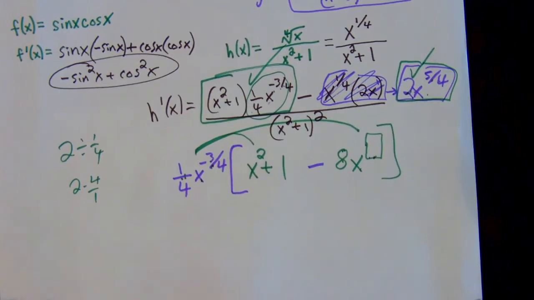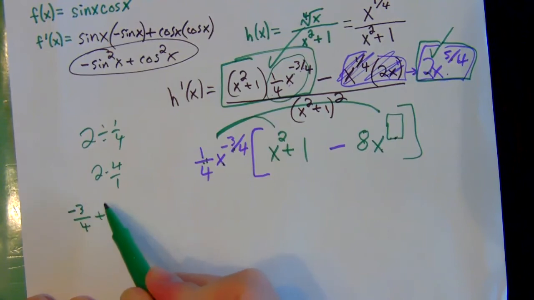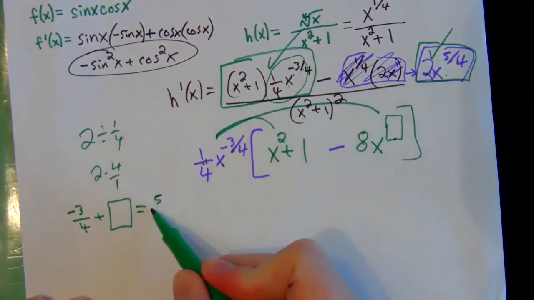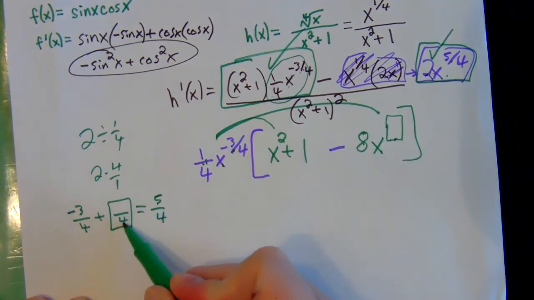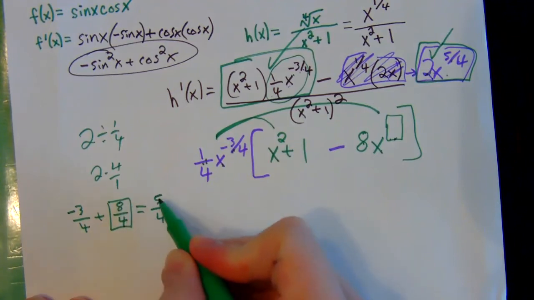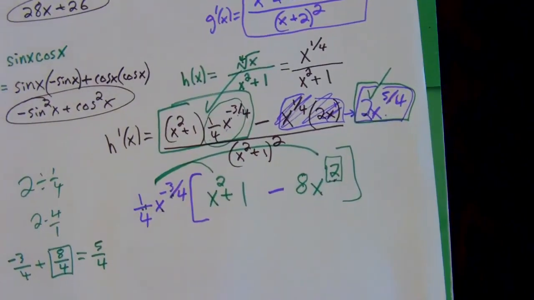But at the beginning, when you're first trying these, it might help to do this. Like, come to the side, just go negative 3 over 4 plus whatever's in that box. That's got to equal that 5 over 4. And it helps me to think of it in terms of a common denominator. So then we know negative 3 plus 8 is going to give us that 5, and then 8 over 4, that's going to give us a 2 right there.